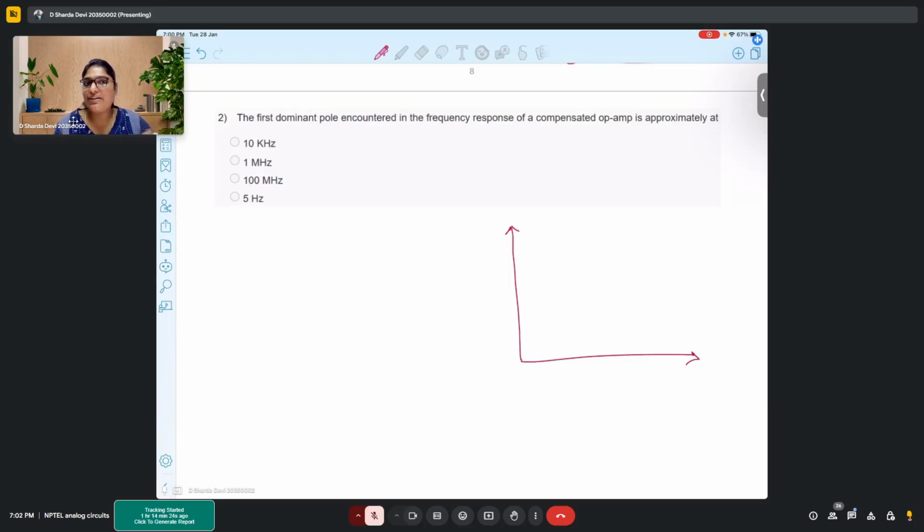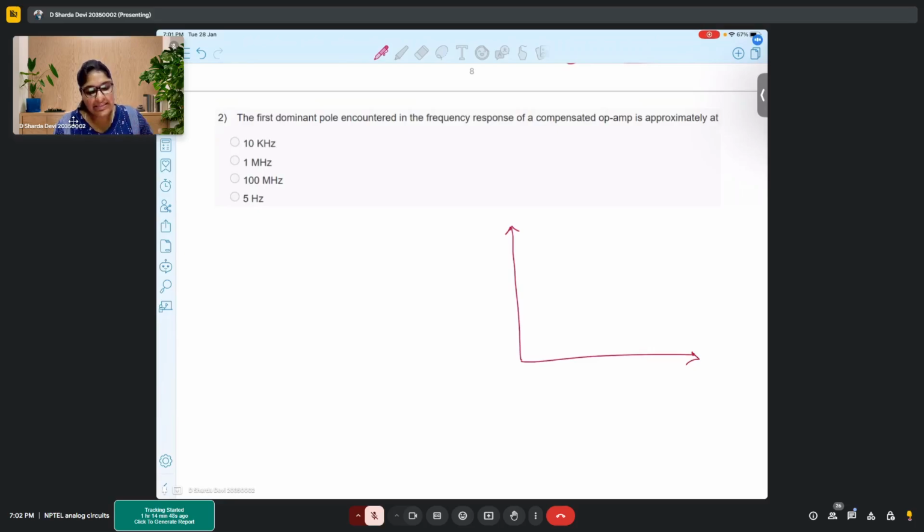So identifying the poles and placing the poles, the pole location, is very important, and we sometimes have to handle these poles also in order to get the behavior that we want out of the circuit.